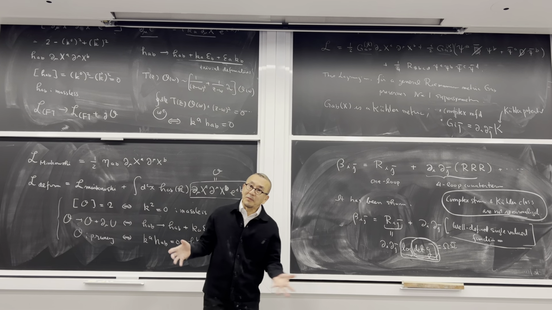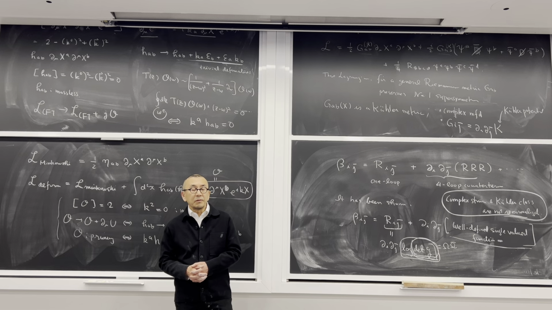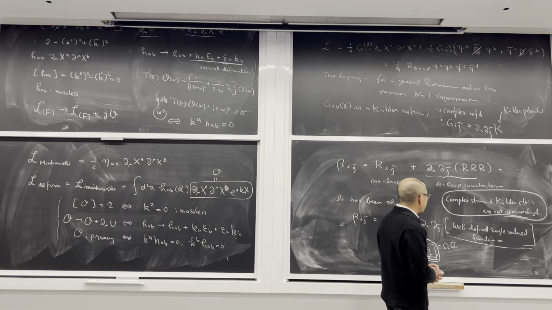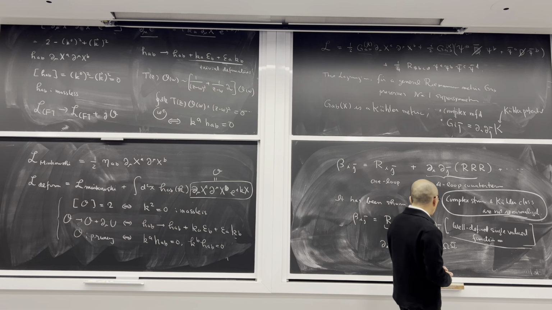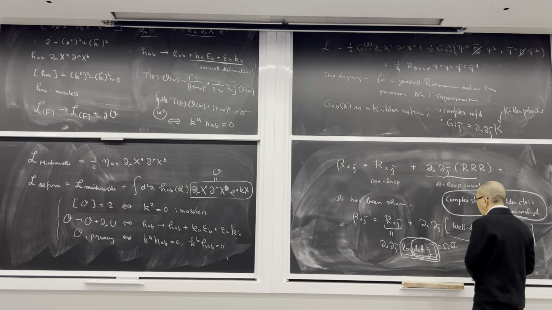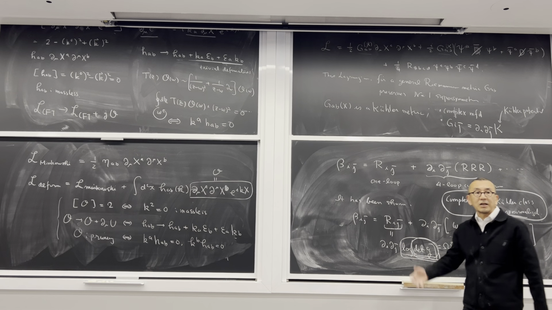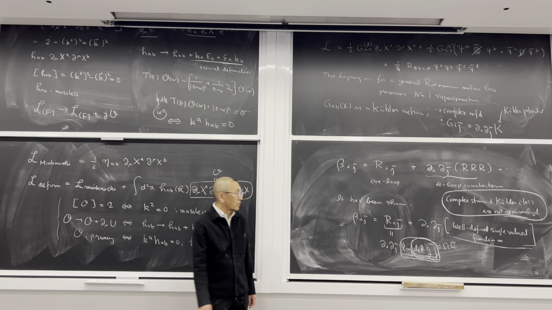So Yau's theorem says that if you have a complex manifold with vanishing first Chern class, and if you have an everywhere non-vanishing holomorphic 3-form, then the complex structure and Kähler class uniquely determine the Ricci flat Kähler metric.